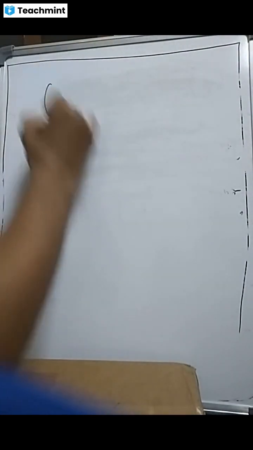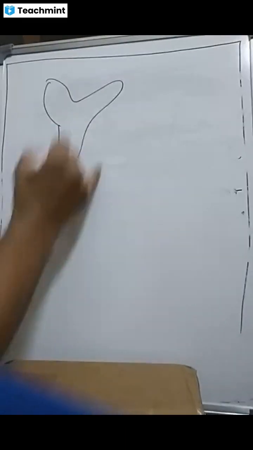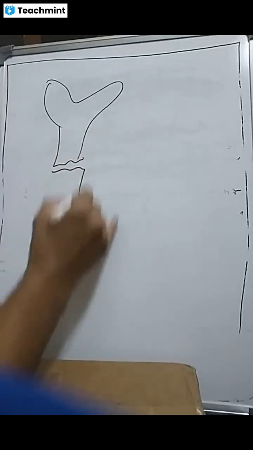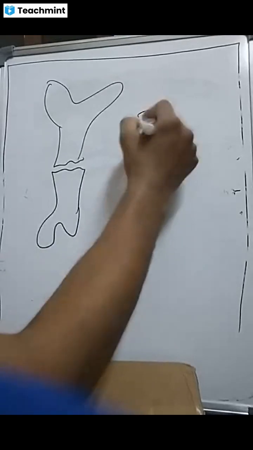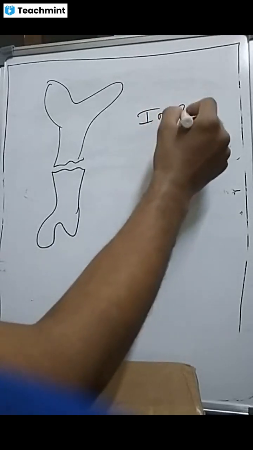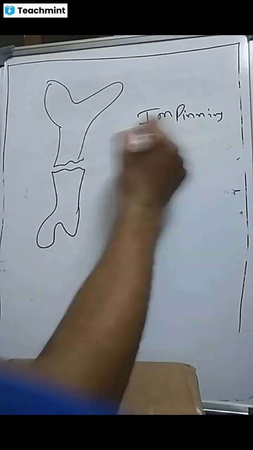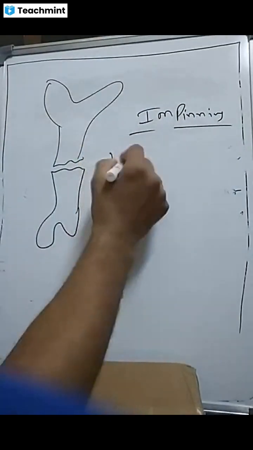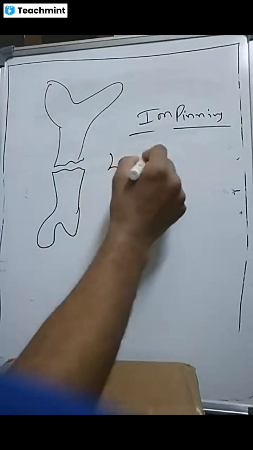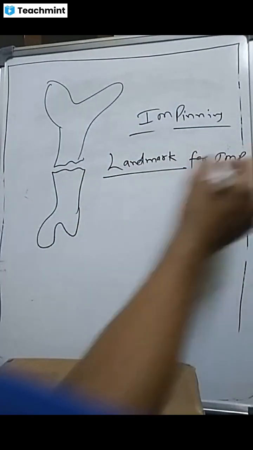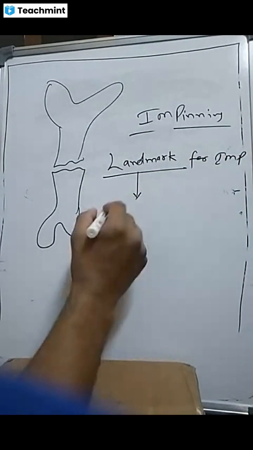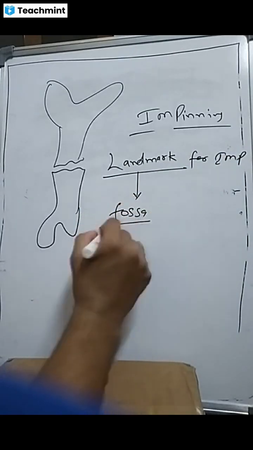There is a fracture in the femur, and our target is the nailing. So the landmark for IMP is the fossa. Which fossa?